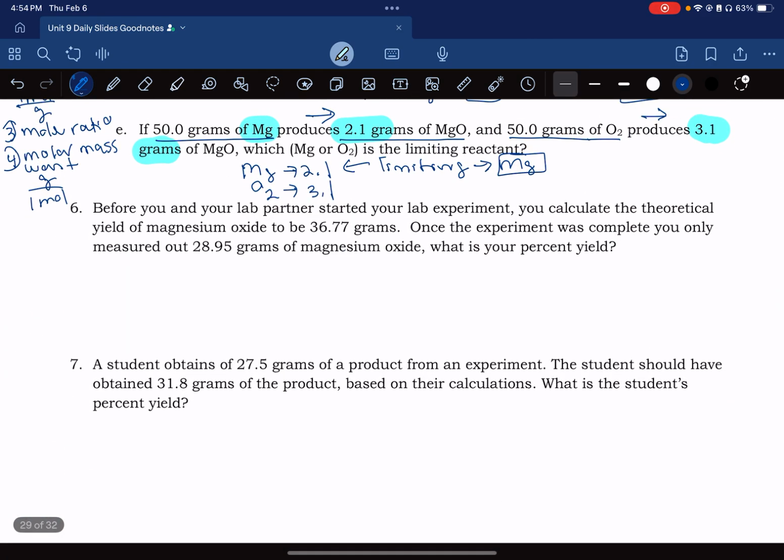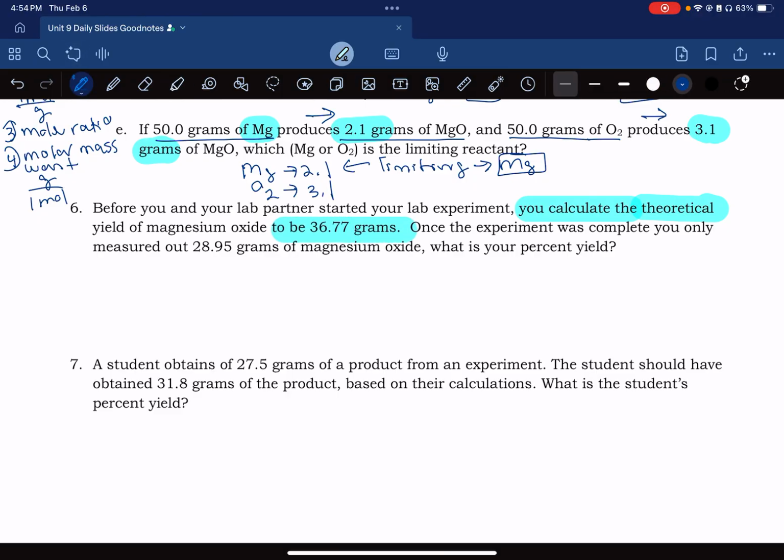So let's apply that. So it says, before you and your lab partner started your lab experiment, you calculate the theoretical yield of magnesium oxide to be 36.77 grams. All right, 36.77 grams. So let's highlight some things in here. You calculate, and this one even says theoretical, okay? To be 36.77 grams.